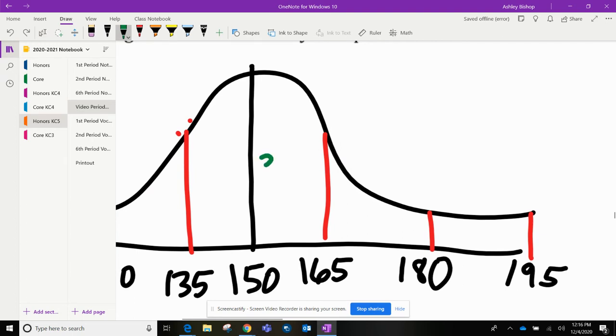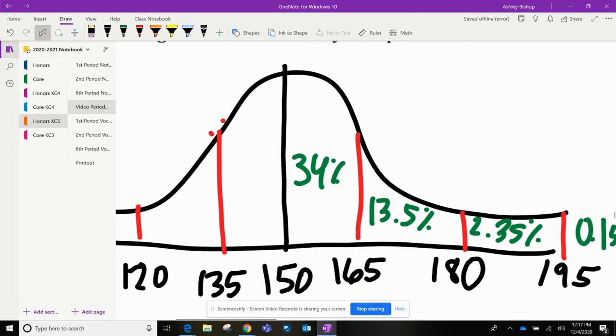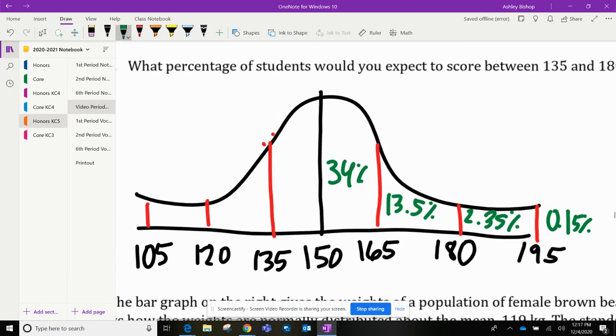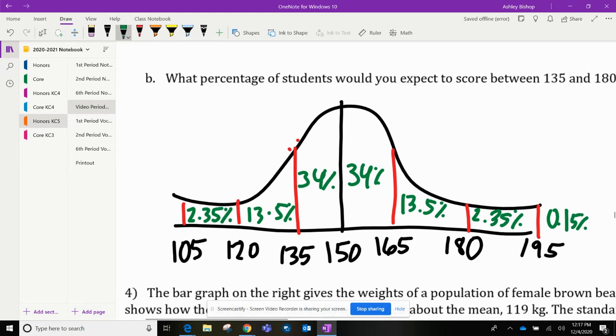I have 34%, 13.5%, 2.35%, and 0.15%. And then meanwhile, I also have 34% on this side, 13.5% on this side, 2.35% on this side, and 0.15% on this side.